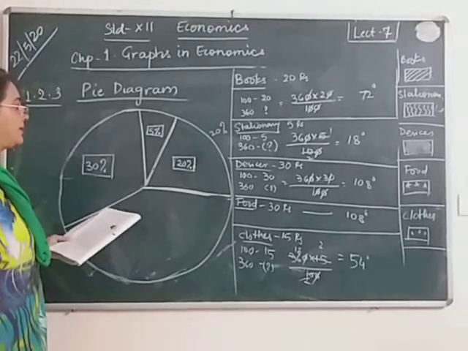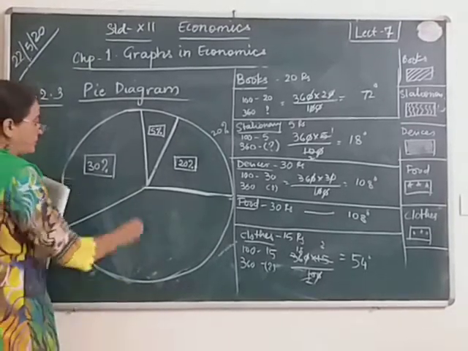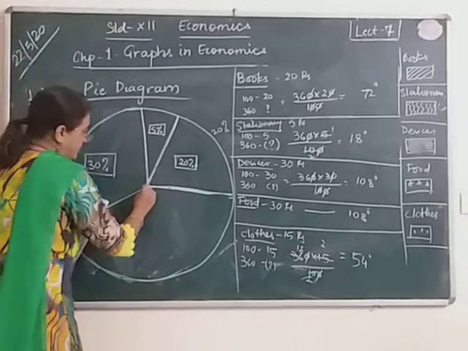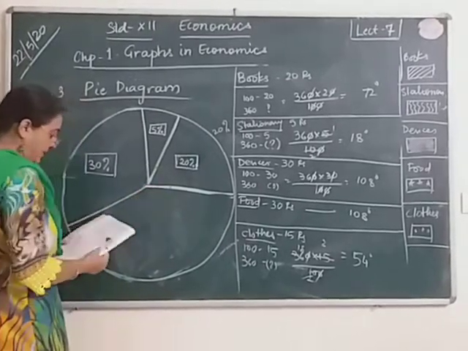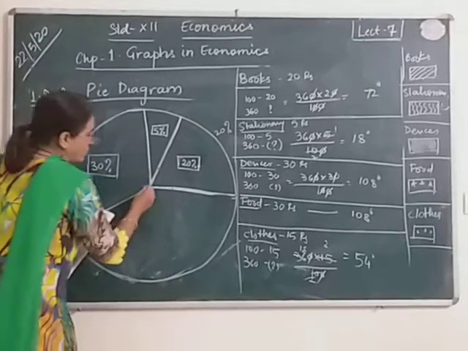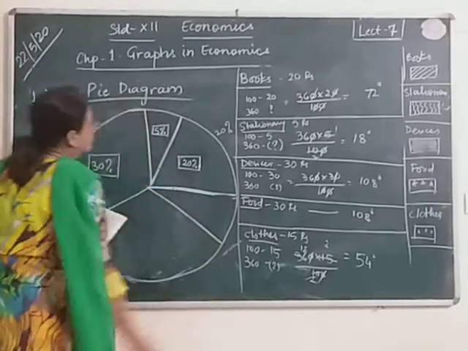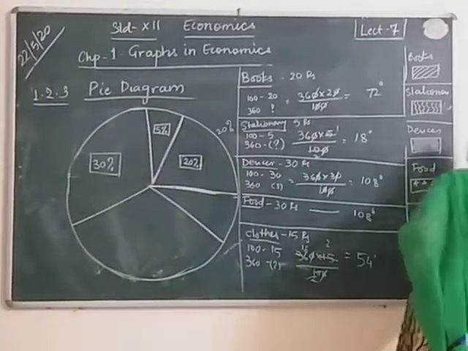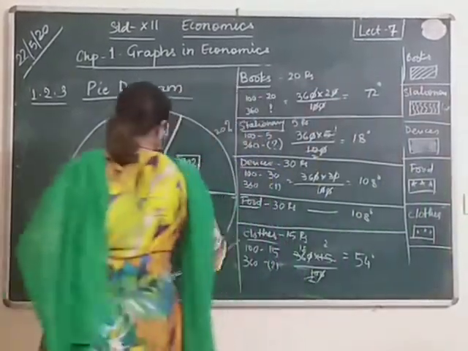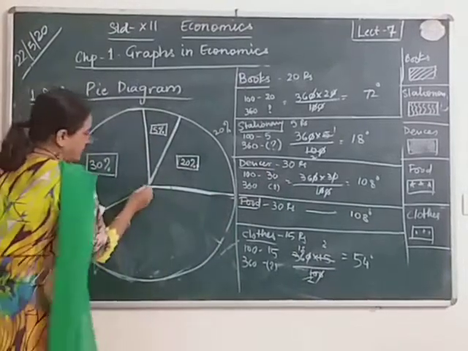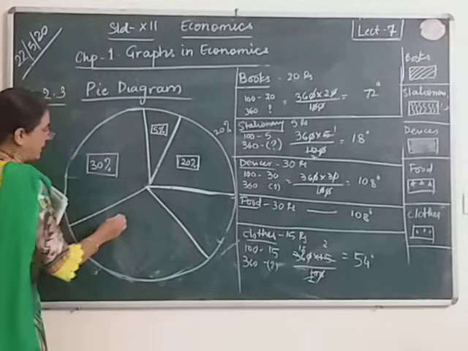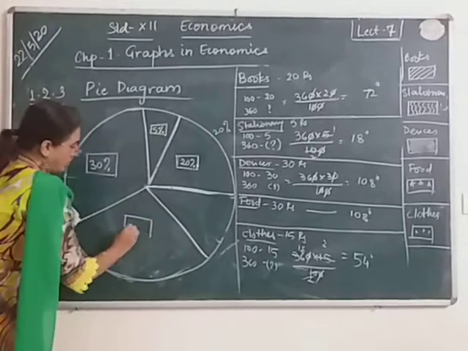Then again 108 for food. So you can take this or this as a base. Suppose I am taking this, so 108 and then we have 54, somewhere here. So suppose this is your 108, so this is also 30%.